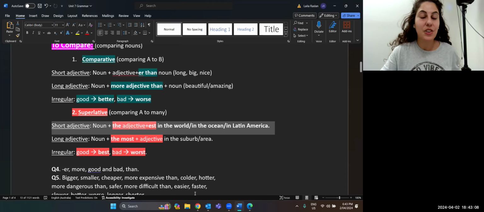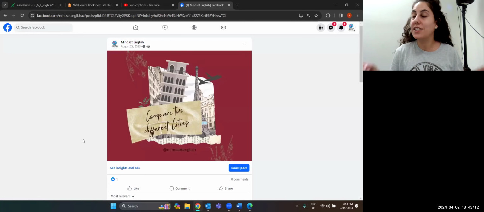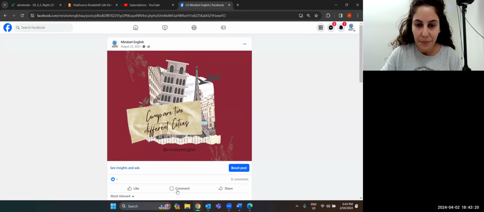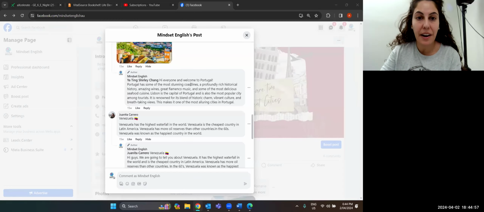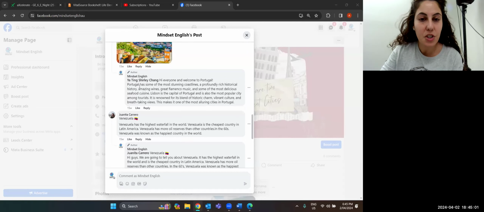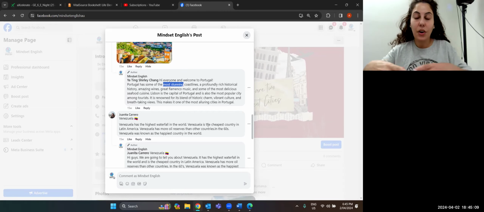Okay, so now you are going to write and compare two different cities. So you can use lots of different comparisons that you want to compare it with. We're going to see lots of comparatives. So this is about Portugal. Portugal has some of the most stunning coastlines. So that's a long adjective, most stunning coastlines.